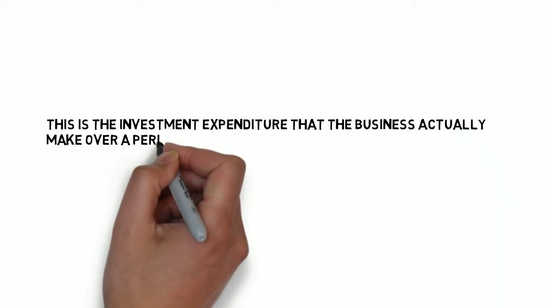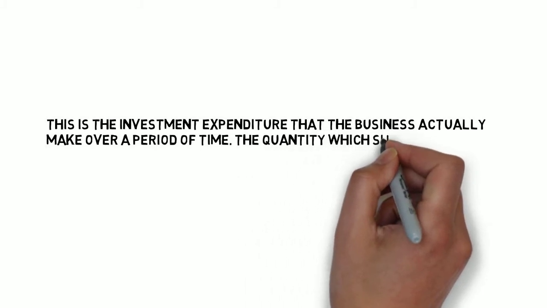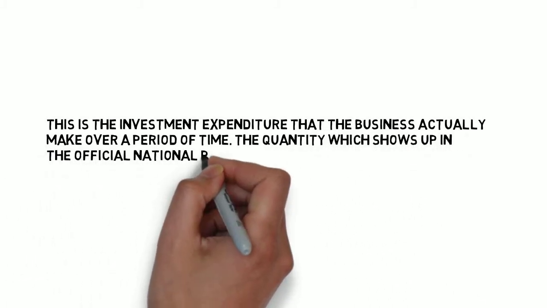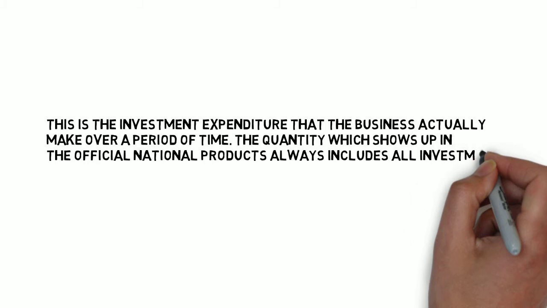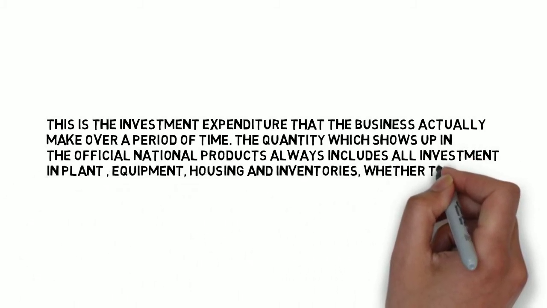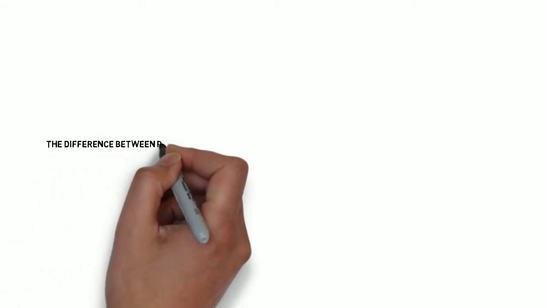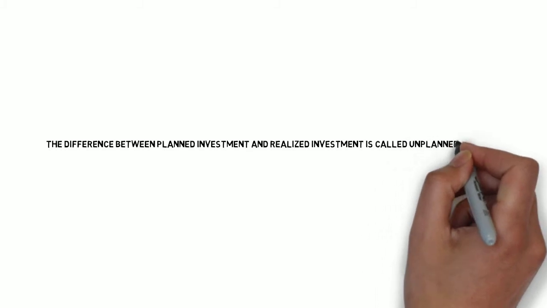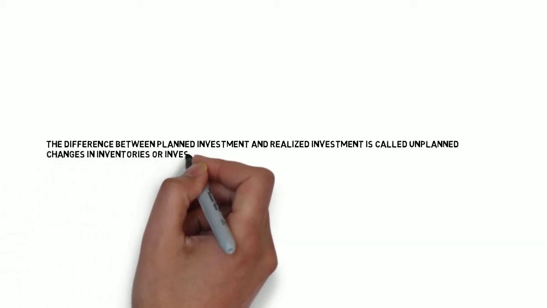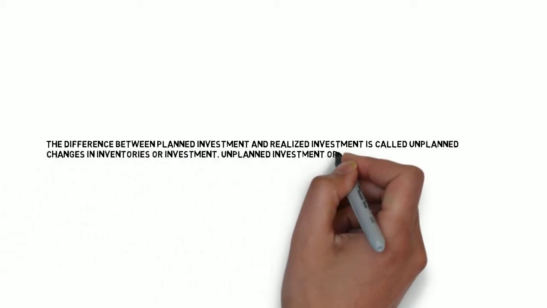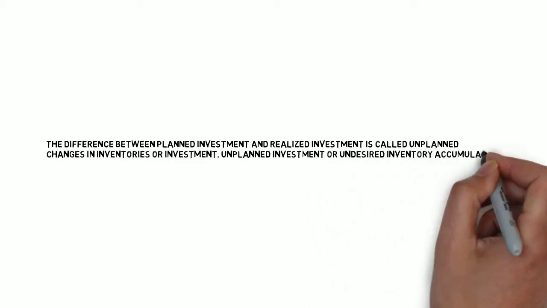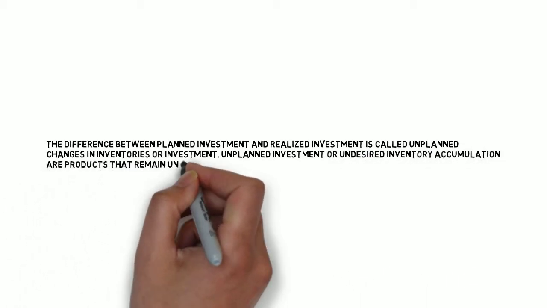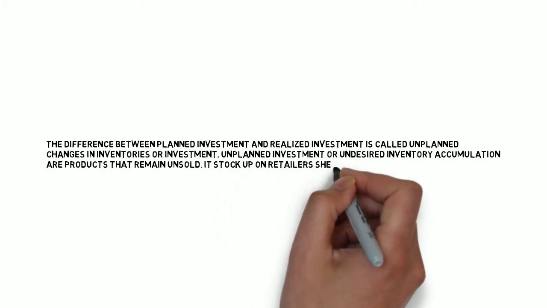The quantity which shows up in the official national product accounts always includes all investment in plant, equipment, housing, and inventories, whether that investment is desired or not. The difference between planned investment and realized investment is called unplanned change in inventories or investment. Unplanned investment or undesired inventory accumulation are products that remain unsold. They are stocked up on retailers' shelves and in warehouses.